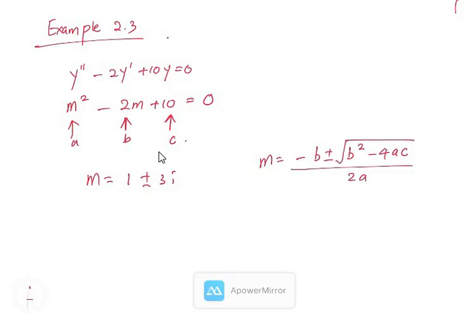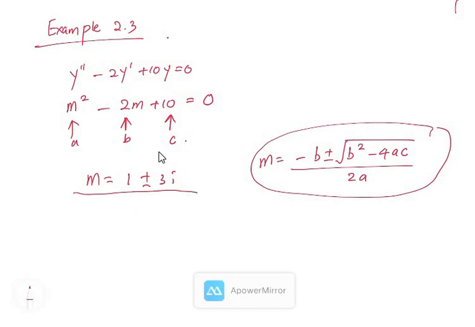Because we cannot factorize this one, we need to use this formula to get the root value. So you get m equals 1 plus minus 3i from the calculator, so this is very direct.